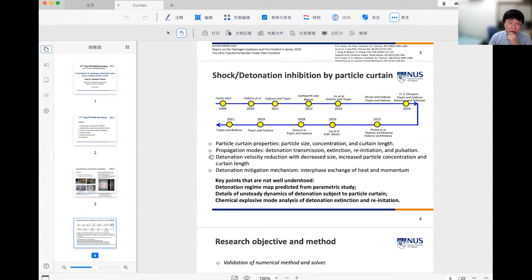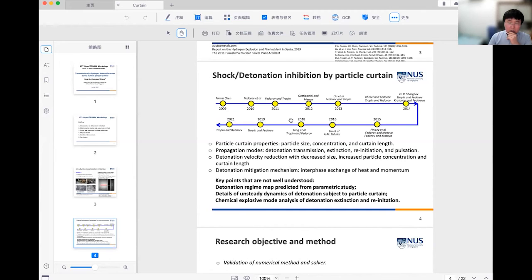Moreover, they also observed the detonation velocity is reduced with decreased particle size, increased particle concentration, and increased curtain length. These authors merely attribute detonation mitigation mechanisms to interphase exchange of heat and momentum.